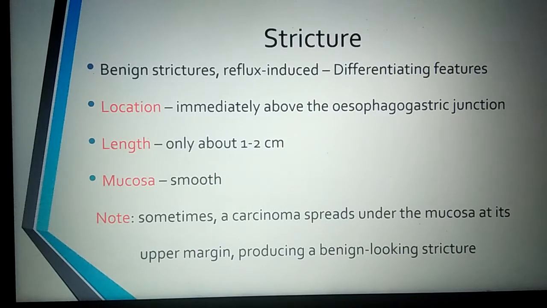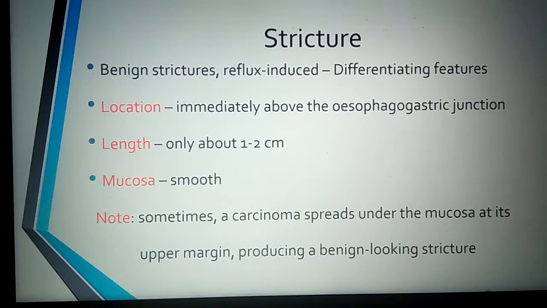Benign strictures, that is reflux induced, GORD induced. There are three important things: the location, the length, and mucosa. Benign strictures are located just above the esophagogastric junction.